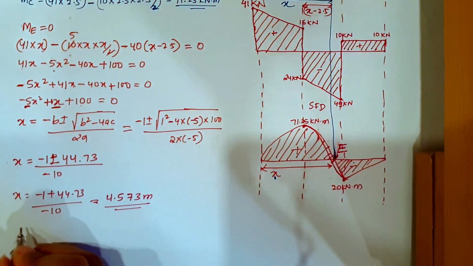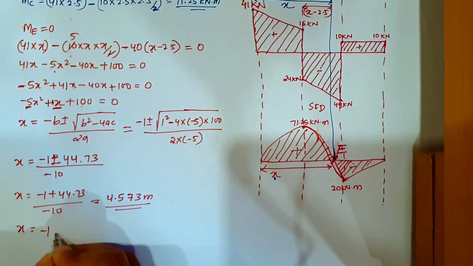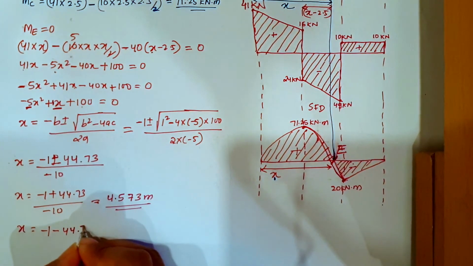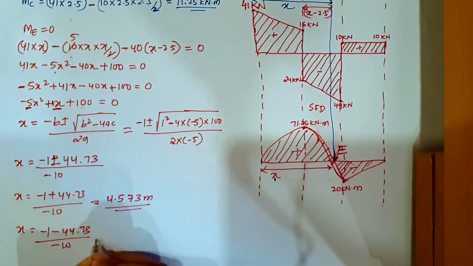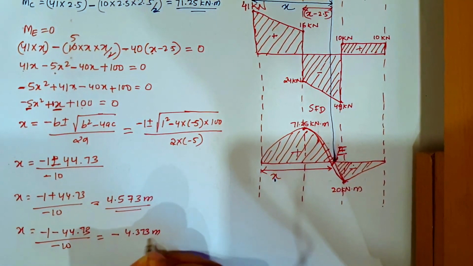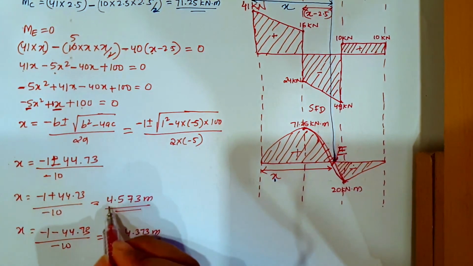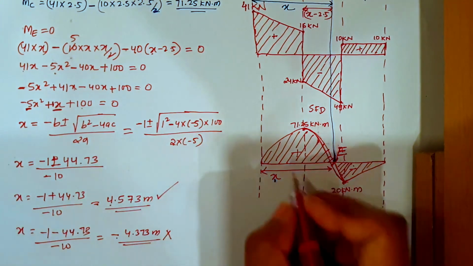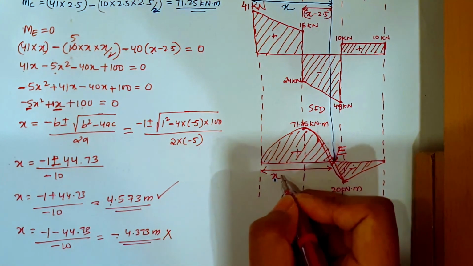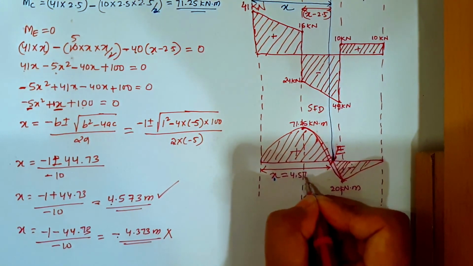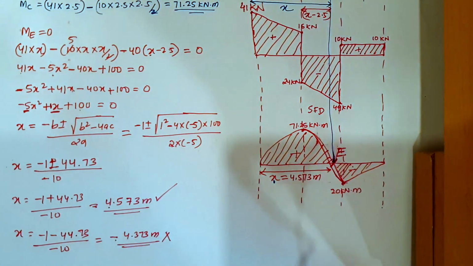Next value, if you take x equals minus 1 minus 44.73 divided by minus 10, you will get minus 4.373 meter. Now one is coming negative and one is positive, so this negative you will not take; the one which is positive you will take. So the point of contraflexure is lying at a distance of x equals 4.573 meter.